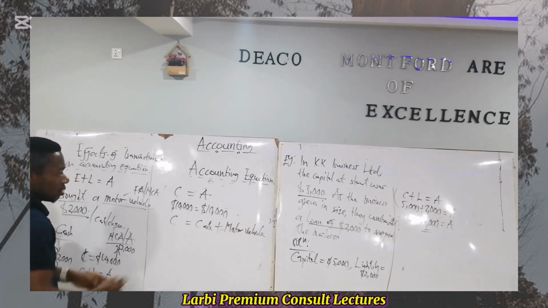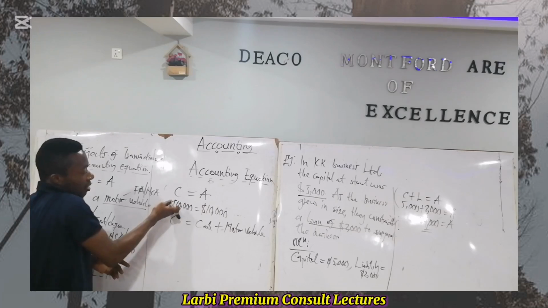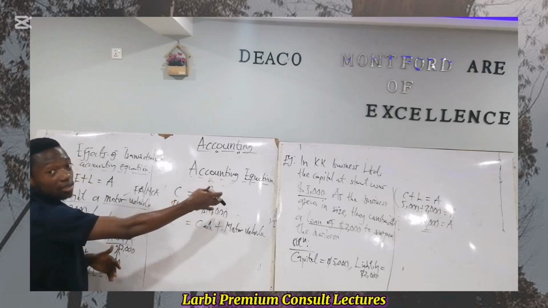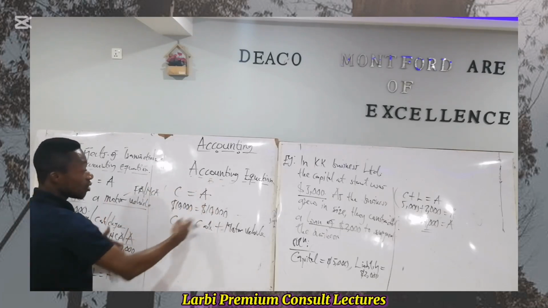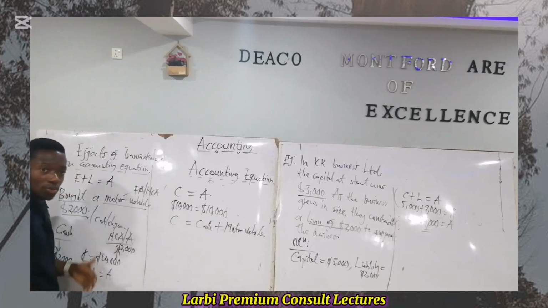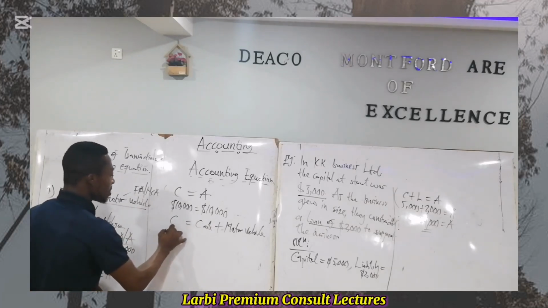Because the asset consists of what? At first it was just cash, because we started the business with a capital of 10,000, which we refer to as the cash of the business. And now we use $2,000 to purchase a motor vehicle for the business. So we still have our capital of 10,000 here.